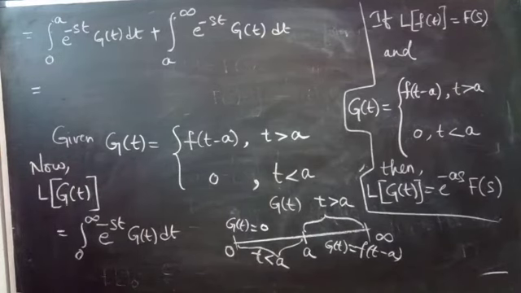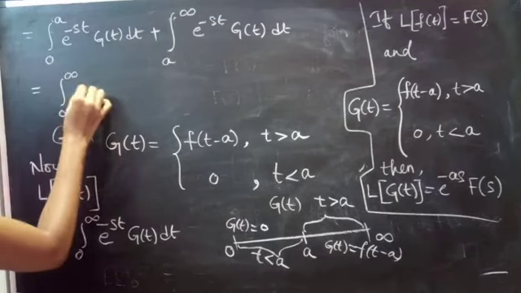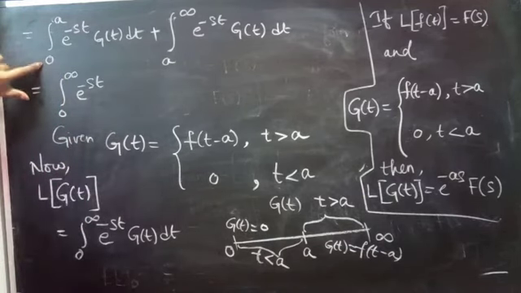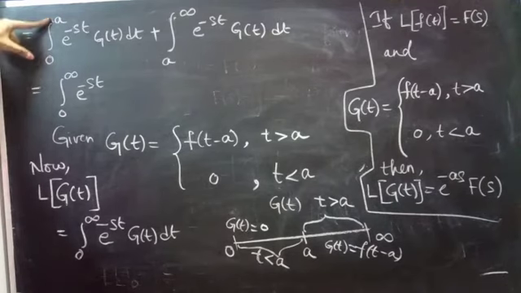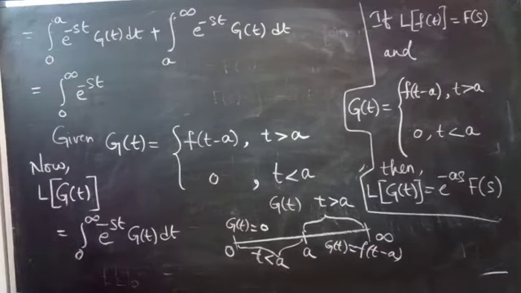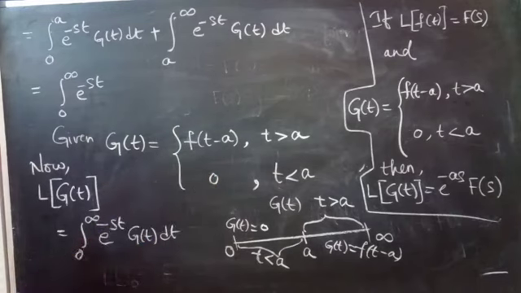So this equals the integral from 0 to a of e power minus st. Here you have lower limit 0 and upper limit a, which means t is less than a, right? When t is less than a, g of t is equal to 0.